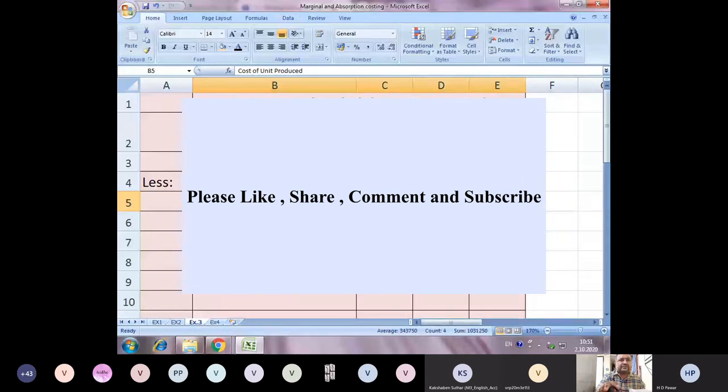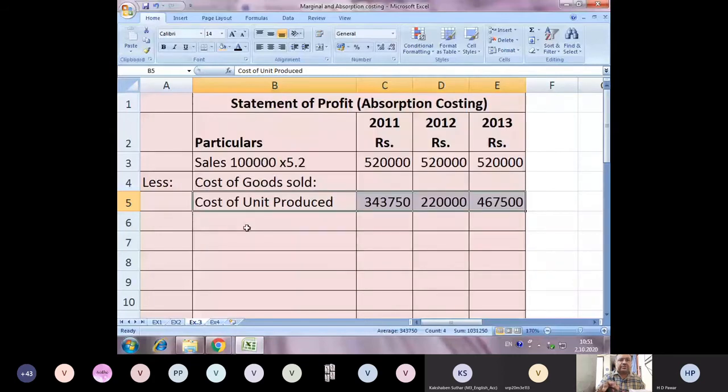This is your cost of units produced, at 2.75 per unit. So first 1,25,000 into 2.75. Then 80,000 into 2.75. And then 1,70,000 into 2.75. You must have a calculator and calculate with me. Understood?